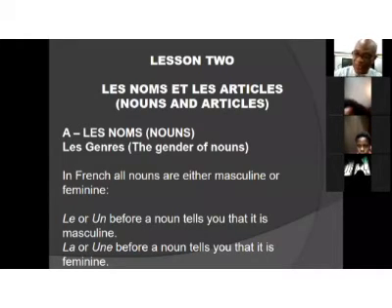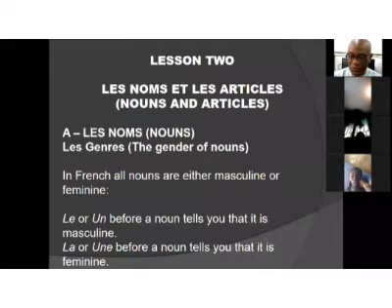You are referring to a specific radio. So for feminine objects, if you want to be particular about them, you use la. But if you want to talk about any one of them, you use une. Similarly, when you are talking about masculine objects, any of them, you could say un. But if you want to be specific about a particular one, you say le.